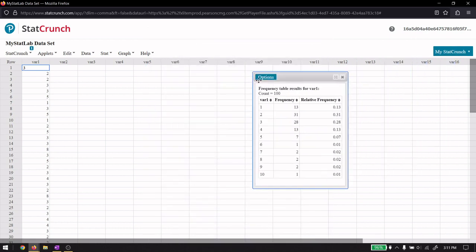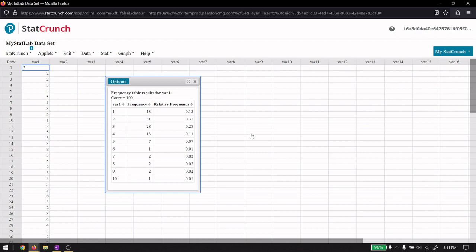What this does is it tells us that 1 shows up 13 times in this list of 100. 2 shows up 31, 3 shows up 28, 4, 13, and so on and so forth. The relative frequency is the same thing as the probability that this happens with this data set. So 13 divided by 100, right? The count is 100.